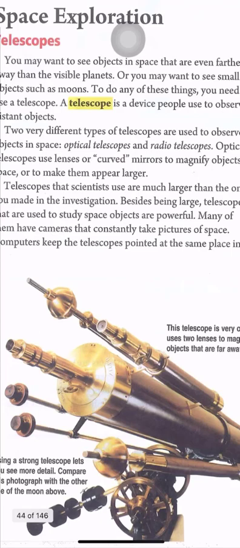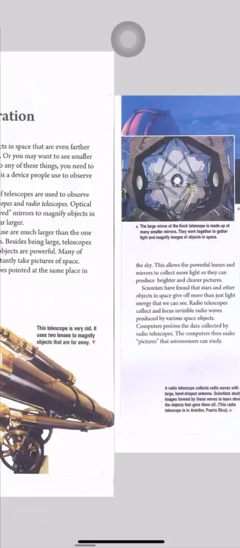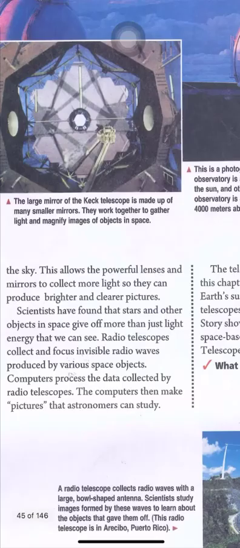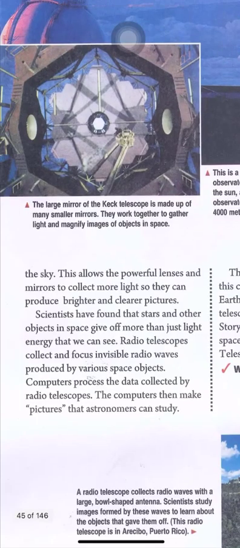Here you can see a very old telescope. It has only two lenses to magnify distant objects. Here we have the large mirror of the Keck telescope.